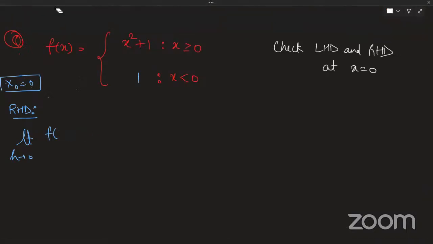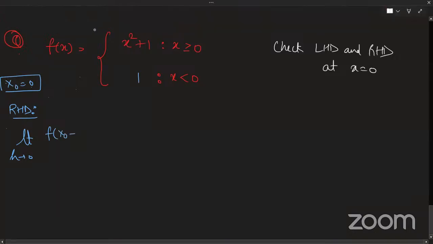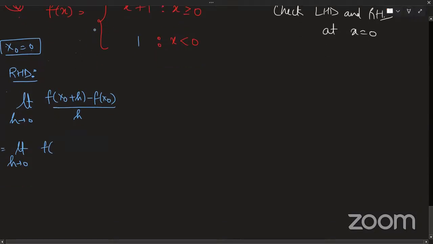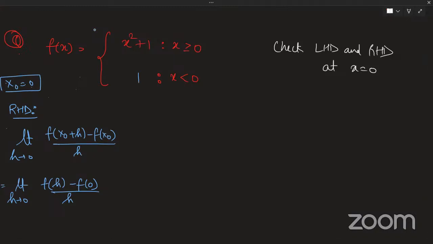So it is f of x naught plus h minus f of x naught, whole divided by h. So it is f of h minus f of 0, whole divided by h. Can you tell me the value of f of 0 of this function? 1, sir. Great. f of 0 is 1.